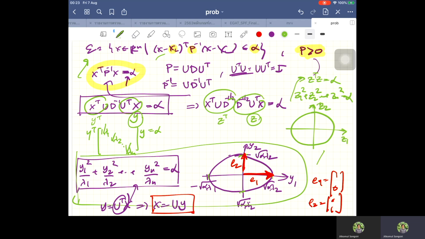Now I'm going to use another color. These arrows mean all the vectors that I'm drawing right now are vectors on the ellipsoid. This is a vector y. So if you want to sketch the ellipsoid in x, you basically map all the green vectors by this transformation, uy.